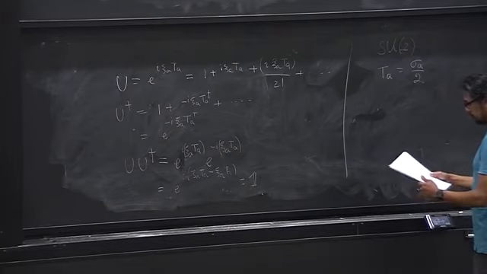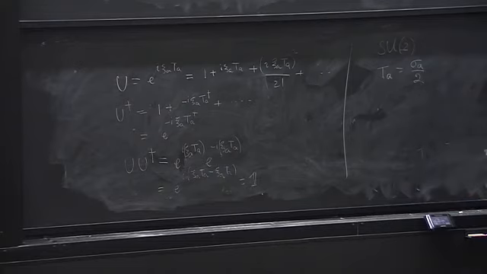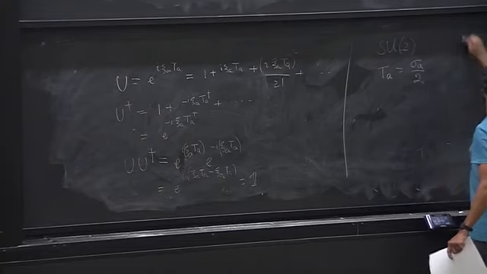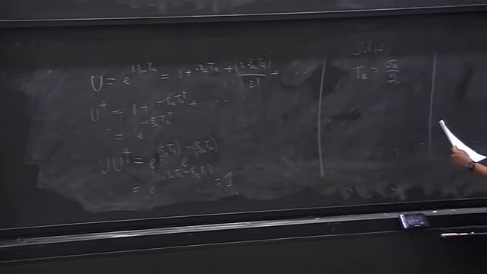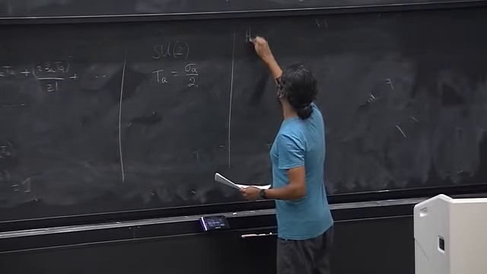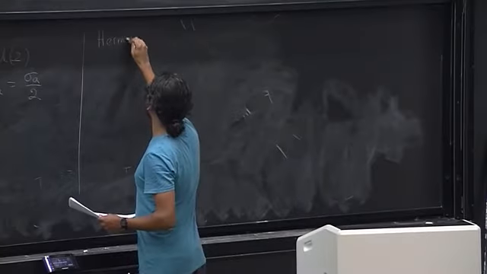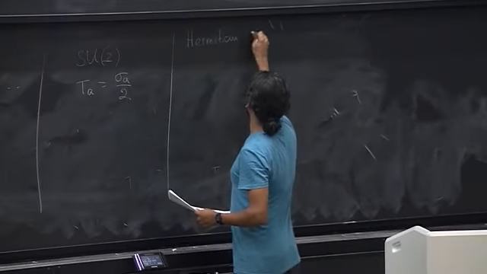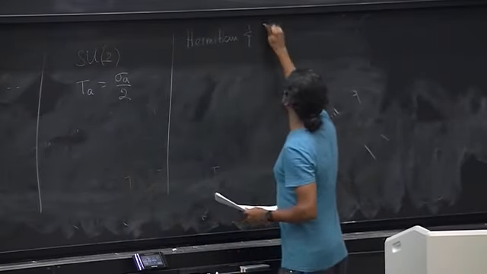So what are the generators? What do they look like? These are n by n matrices, and all the generators have to be Hermitian and traceless.